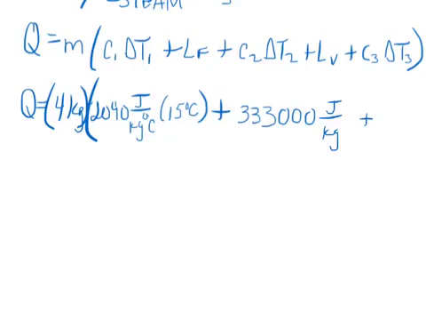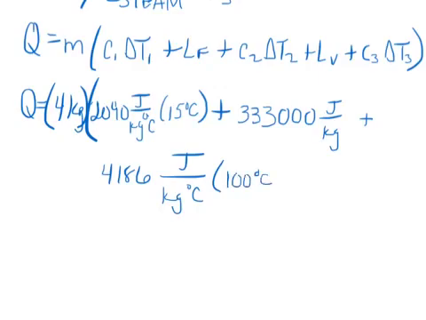Plus, to that, we need to now look at C2. The specific heat capacity of water is 4186 joules per kilogram degrees Celsius times the change in temperature. That went from 0 degrees to 100 degrees, so that's a change in temperature of 100 degrees Celsius.